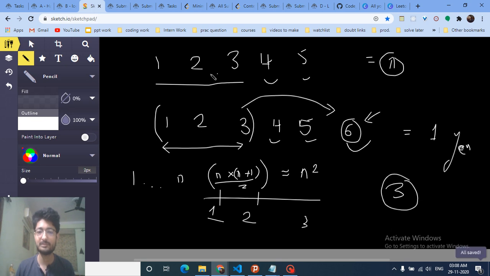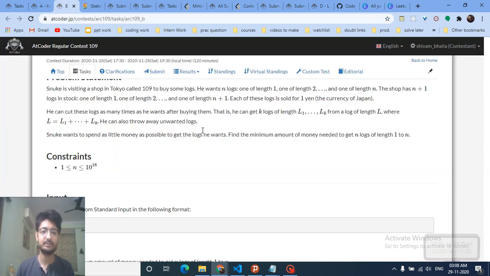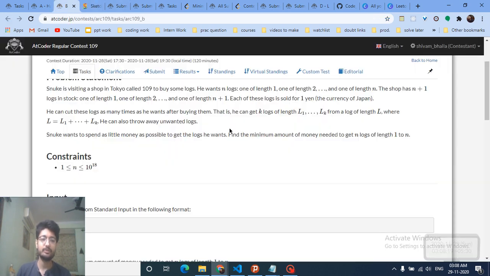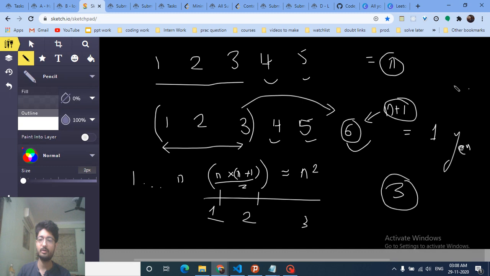The total length of this is n, and the maximum length log is n plus 1. So what you can easily do here is, if you know n square, let's assume the value is 10 to the power 5.